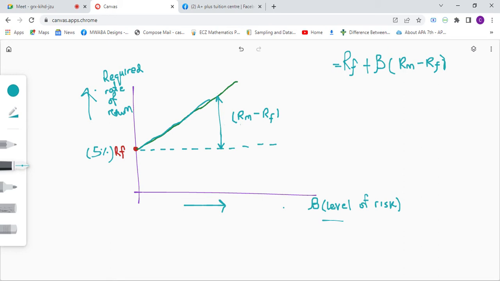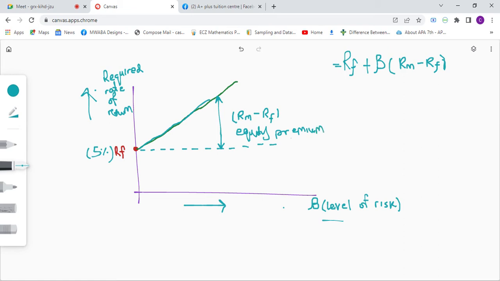The difference between the upward sloping line and this straight line of the risk-free rate represents the equity premium, the extra returns you get for investing in an investment other than an investment that is risk free.